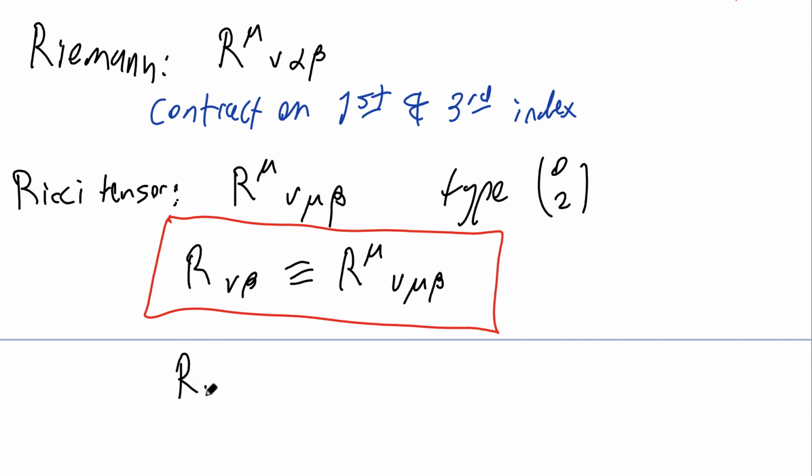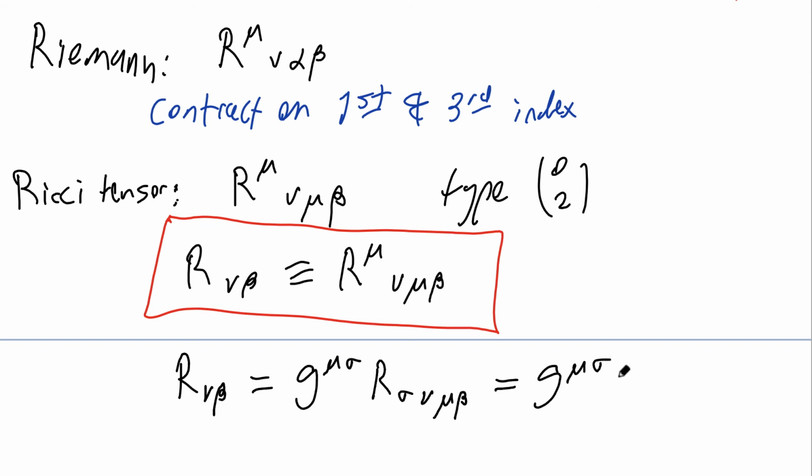You'll notice this can be written as R nu beta equals g mu sigma, R sigma nu mu beta. But now Riemann tensor is symmetric under interchange of the first 2 indices with the second 2 indices. So this is g mu sigma times R mu beta sigma nu.